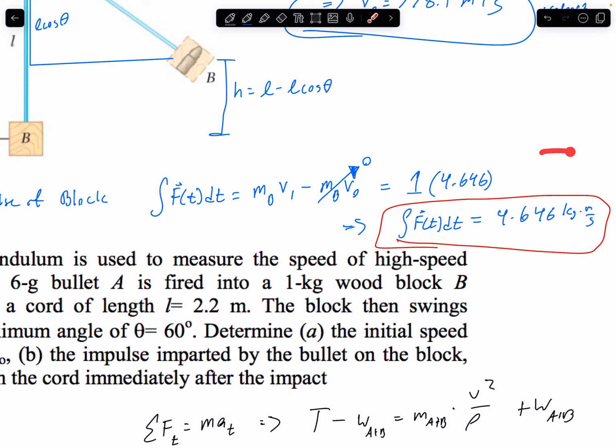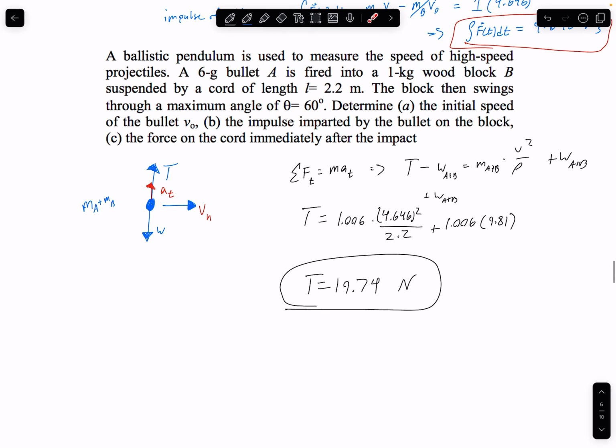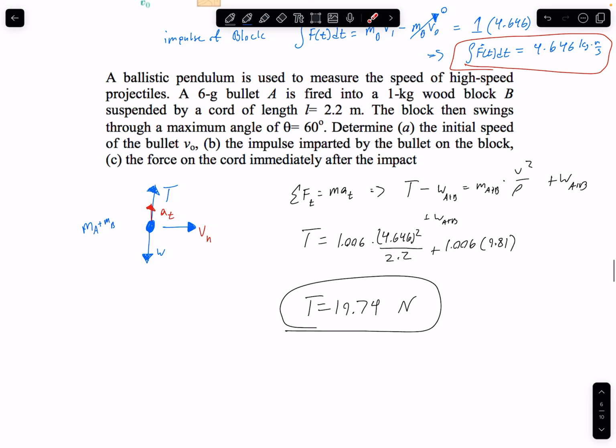The thing says joules on there, but I don't think that's right for the answer key. But that means that we know that the impulse is equal to 4.646 kilograms times meters per second.